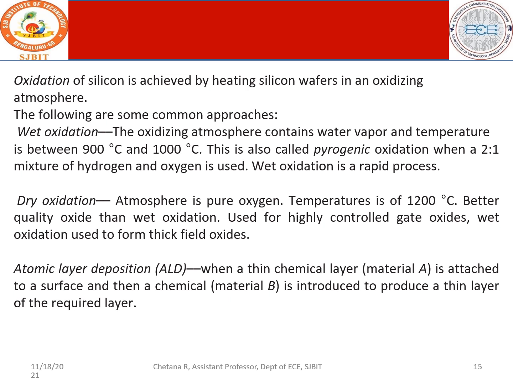In wet oxidation, the oxidizing atmosphere contains water vapor, and the temperature is around 900 to 1000 degrees Celsius. This is also called pyrogenic oxidation, where you have a 2:1 mixture of hydrogen and oxygen, which is H2O, nothing but water.